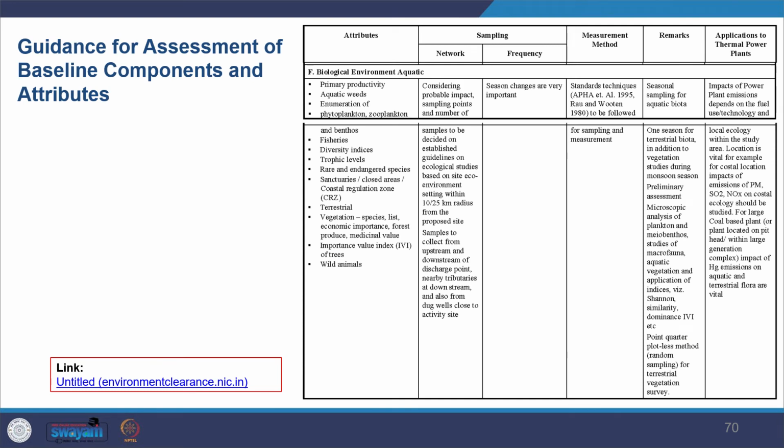Further, I have added a snip from the manual where you can see what kind of data has to be collected. This is again from the thermal power plant.